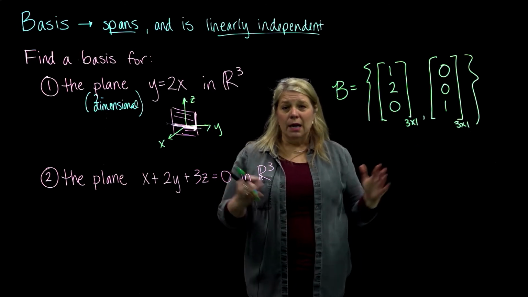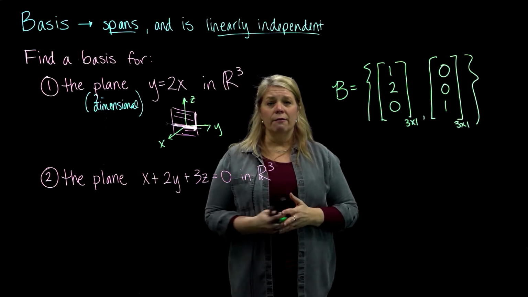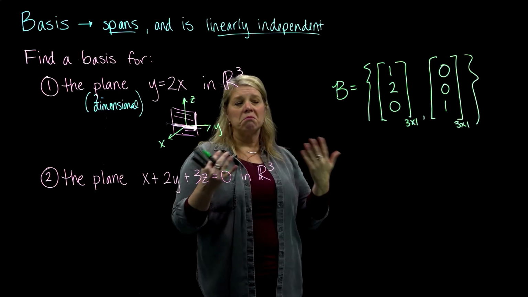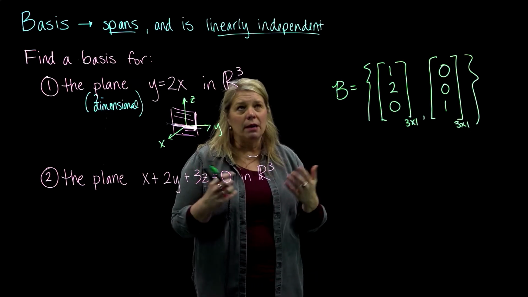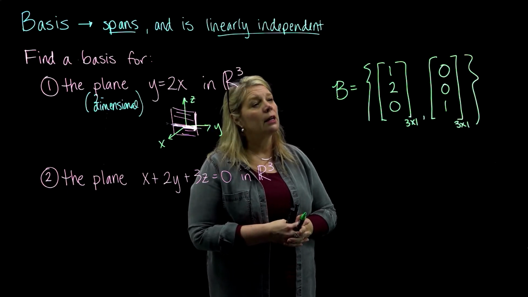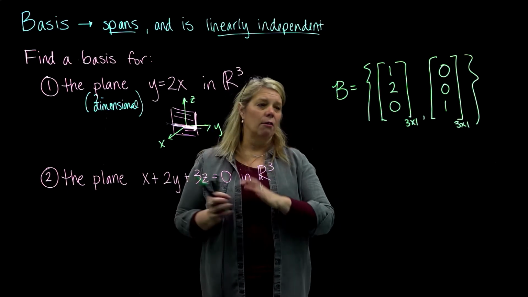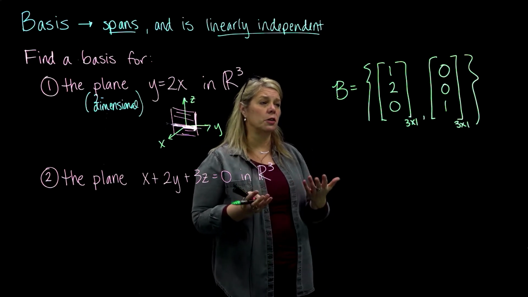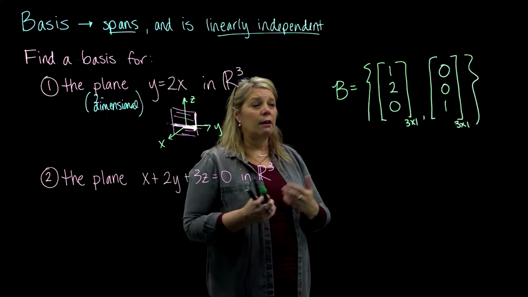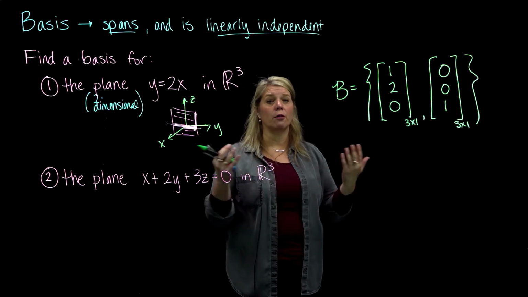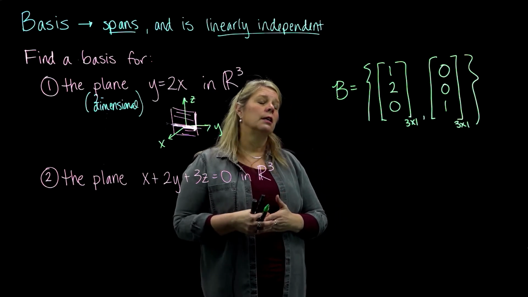There are many, many other bases you could give for this plane, but this is probably the simplest basis. The only other option maybe that you might think about is sometimes people like to have unit vectors in their basis. Back in Calc 3, you talked about how to rescale a vector to make it a unit vector, so you could certainly do that if you want. If you're taking linear algebra, you might also sometimes want to make sure you have orthogonal vectors in your basis.